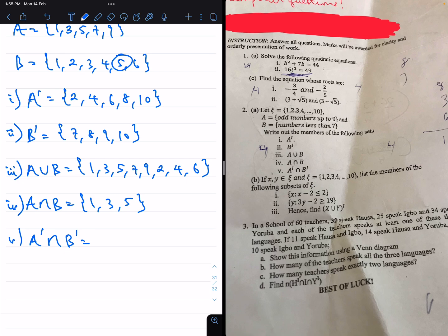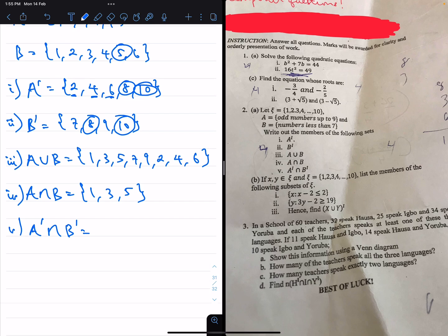What are they? 2 is in A complement but not in B complement, 4 is in A complement but not in B complement, 6 is in A complement but not in B complement, 8 is in A complement and it's also in B complement, 10 is in A complement and it's also in B complement.